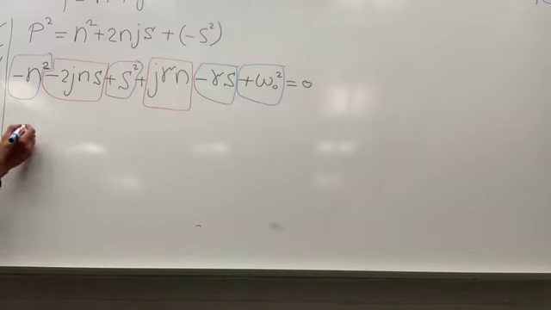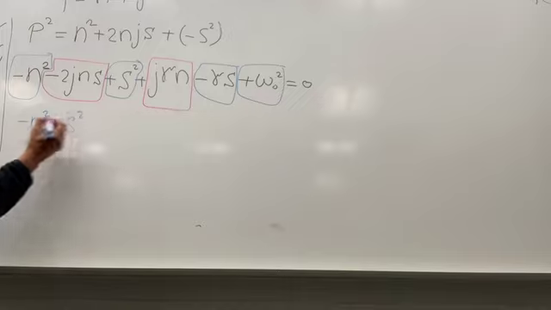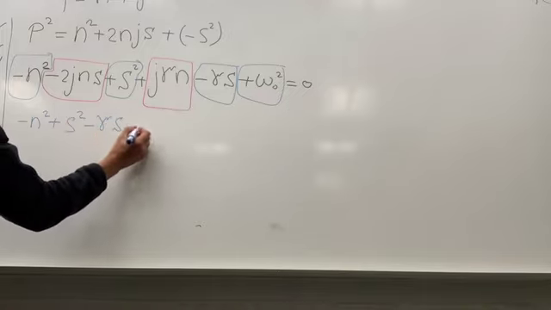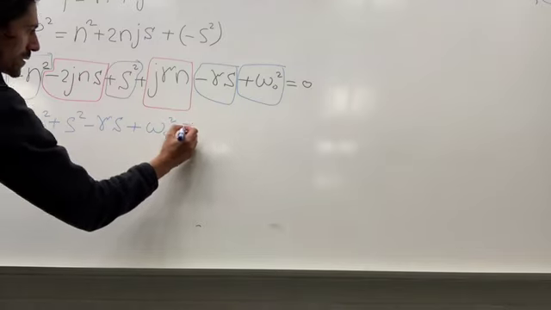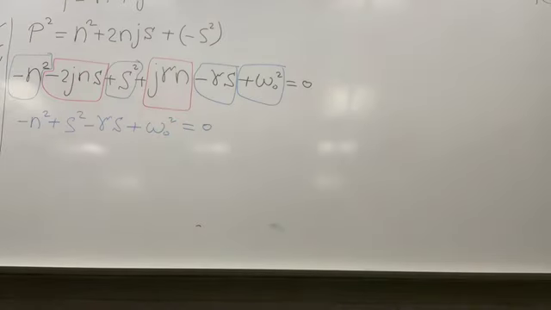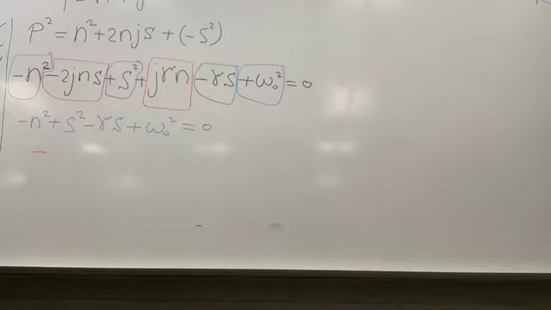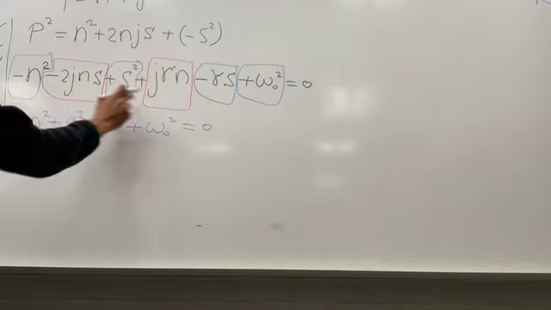The first equation would be minus n squared plus s squared minus gamma s plus omega 0 squared equals 0. And the second equation would be minus, I can drop the j, right?